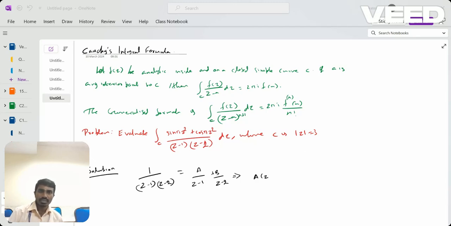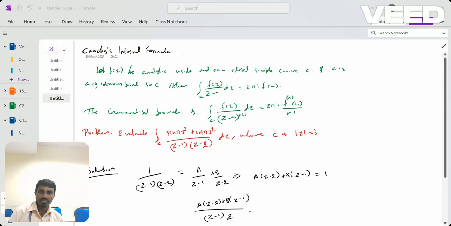Now what do we get? A into (z minus 2) plus B into (z minus 1) equal to 1. Means here if you take LCM, then what do we get? A into (z minus 2) plus B into (z minus 1) by (z minus 1) into (z minus 2). So now compare these two, then you can get this equation.